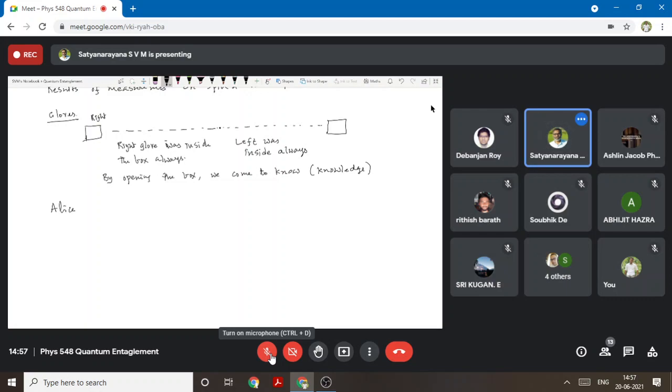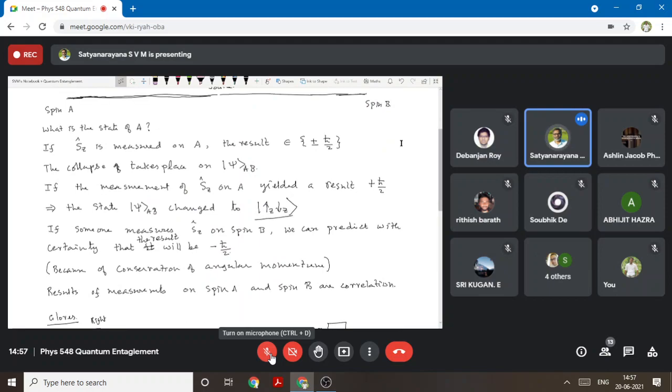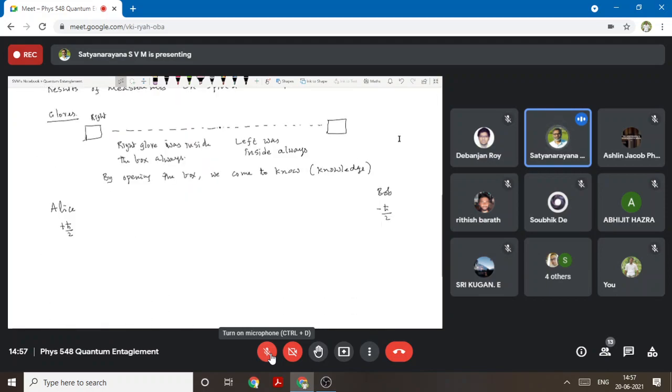Alice makes the measurement and gets the result, let's say plus h cross by 2. Then we know that Bob has to get minus h cross by 2 if he makes a measurement. But does it mean that the particle, till Alice makes a measurement, was in up spin? The answer is no, because just prior to doing the measurement, the state is a linear superposition of up down and down up, right? So it is not always in an up or down state.